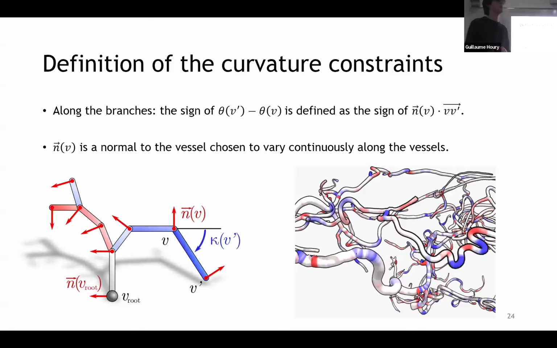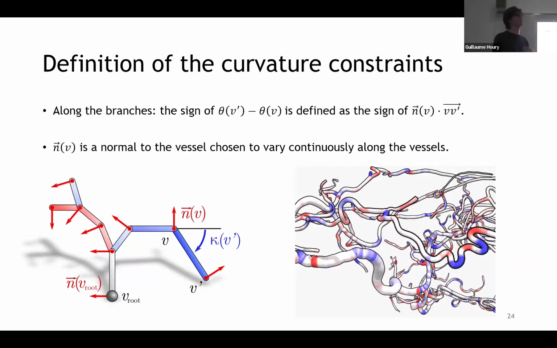So basically, it corresponds to choosing one sign, one orientation of the normal, because the normal space of the curve will be a single line. So we have basically two choices for the normal.